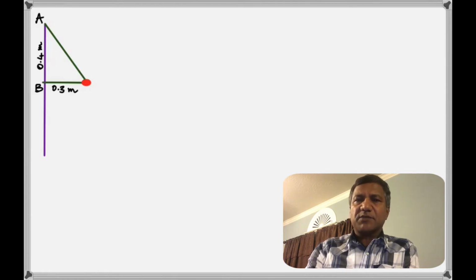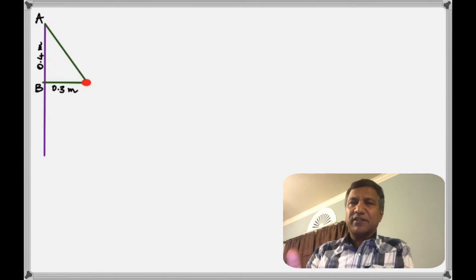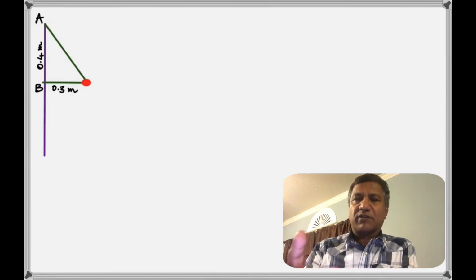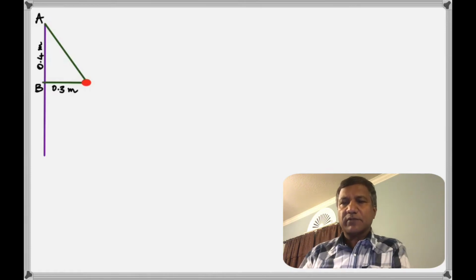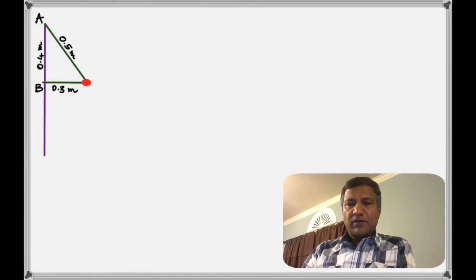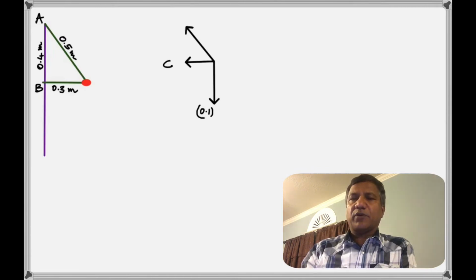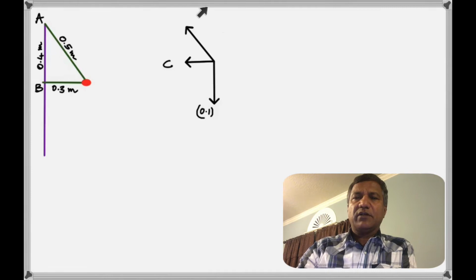Obviously, this is making a circular path, so there is a centripetal force acting on the bead. And there's also tension in the string on this part. And here is the free body diagram. You have the tension in the string on this part, and since it's the same string, the same tension also acts in this part.